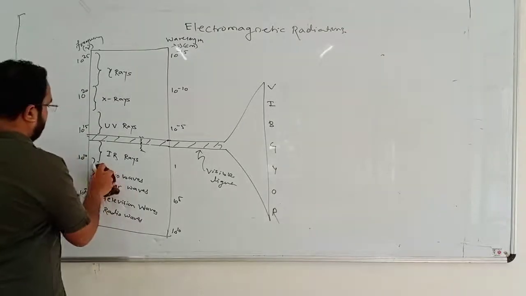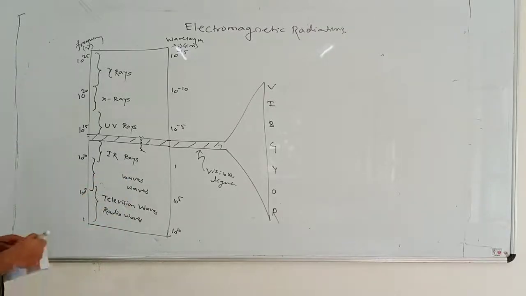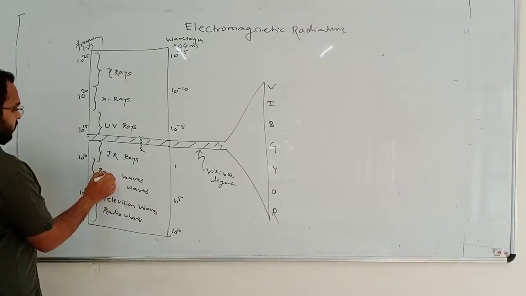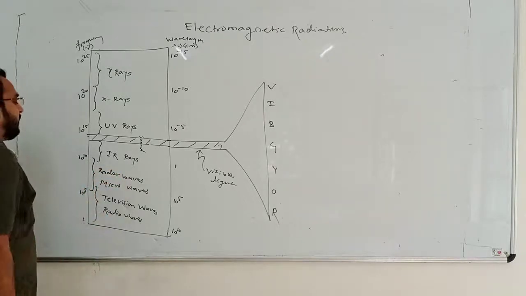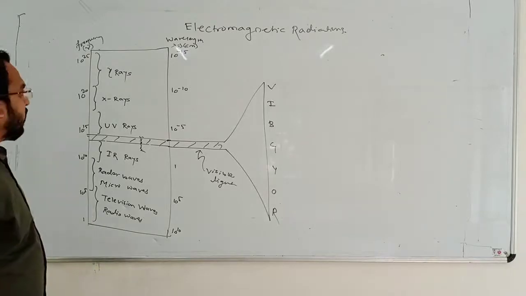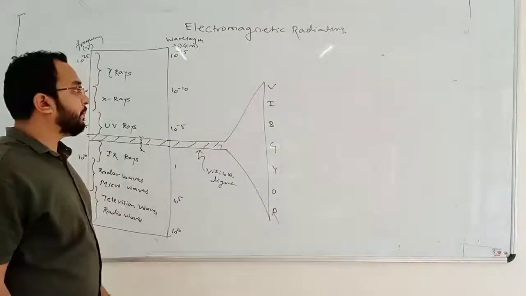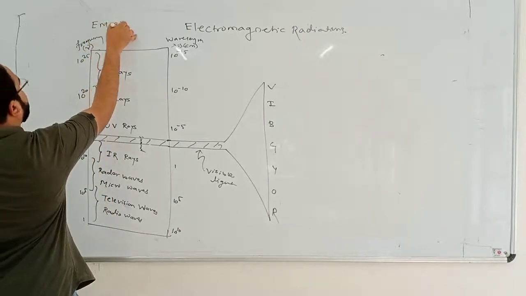We can change here radar and microwave. So draw this chart. This is called electromagnetic spectrum.